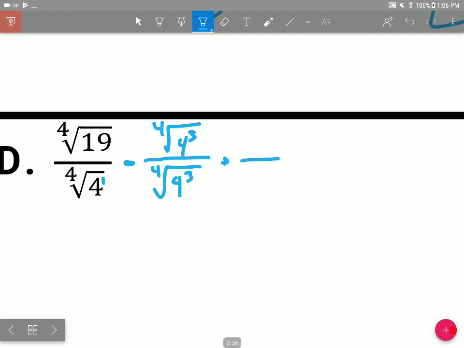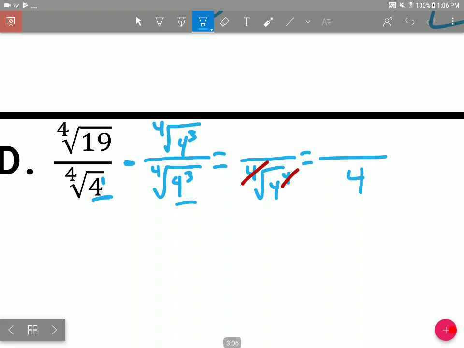If I am multiplying bases, you add your exponent, so what is 1 plus 3? 4, so that's fourth root of 4 to the fourth. That's an equals, not a times sign right there. Sorry. So lo and behold, those guys cancel out, and you're left with a 4.